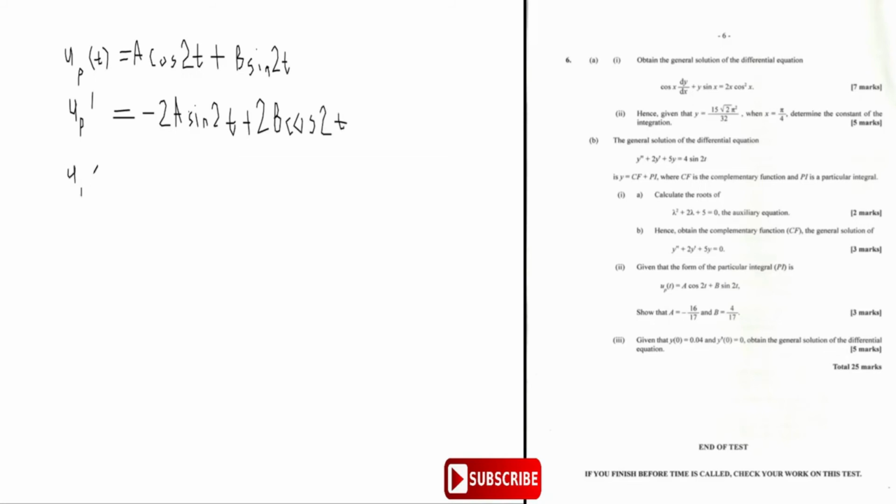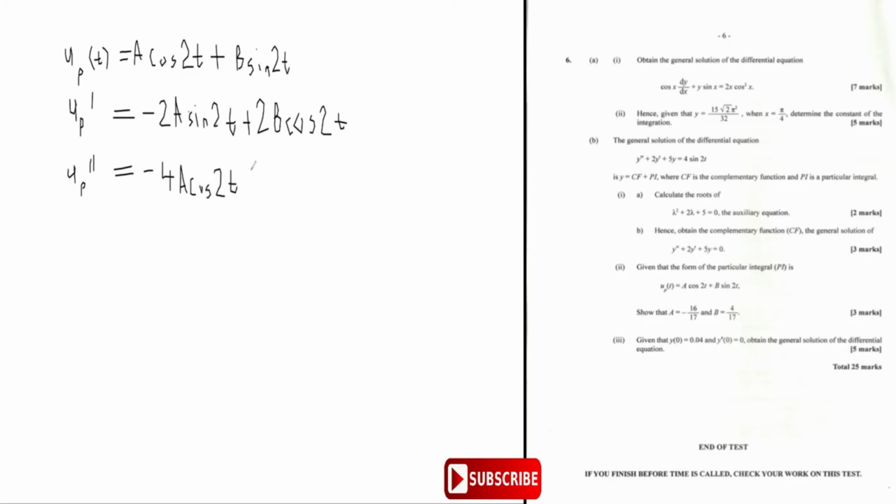Differentiating again, y_p double prime: differentiating sine, I get cos, so I get minus 4a cos 2t.